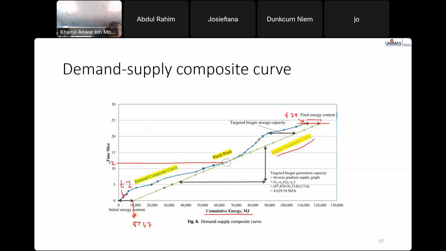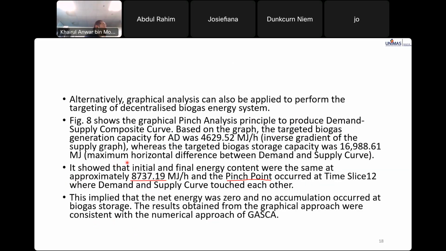This is at 737, the supply composite curve. The pinch point is at time slice 12. This implies that the net energy was 0 and no accumulation occurs at biogas storage. The results obtained from the graphical approach were consistent with the numerical approach of GESTA.